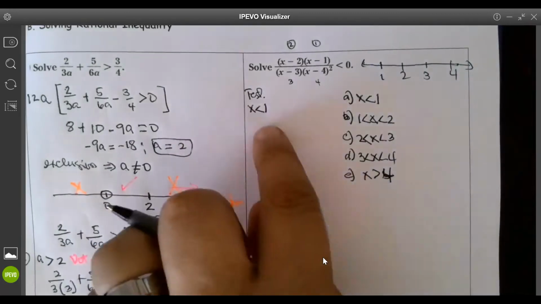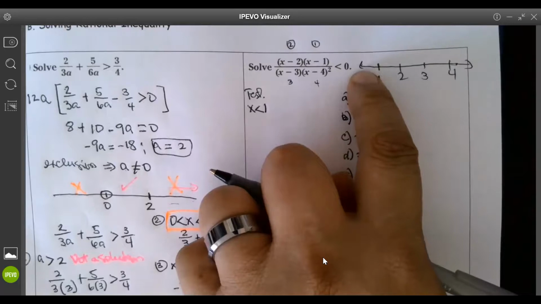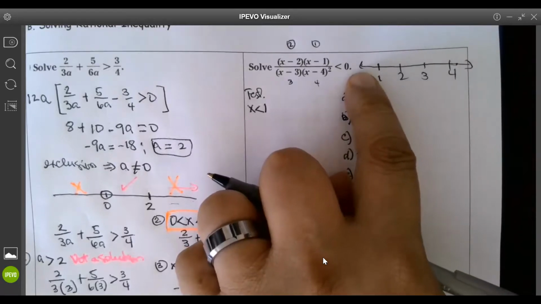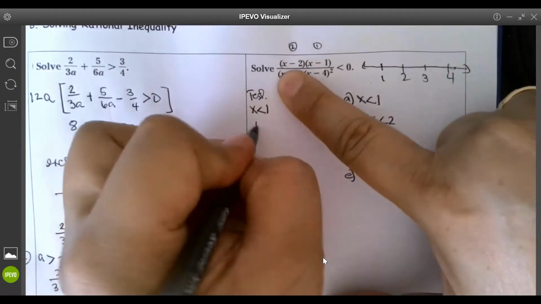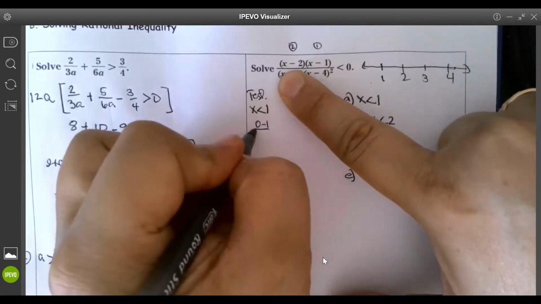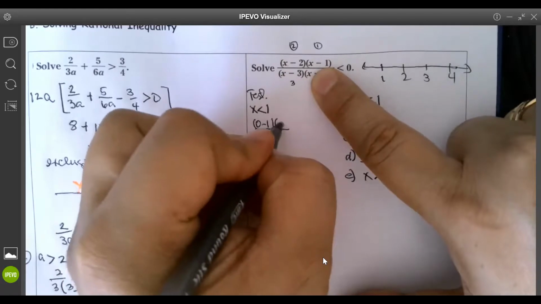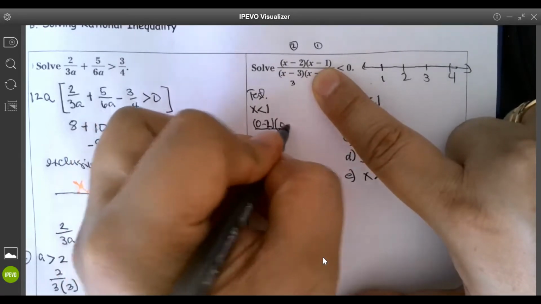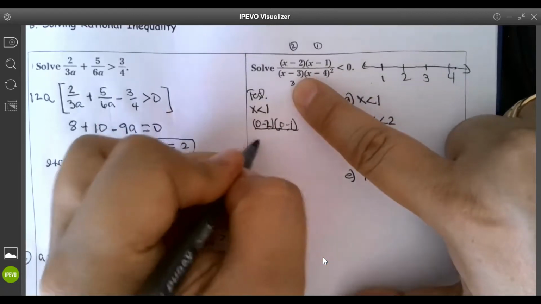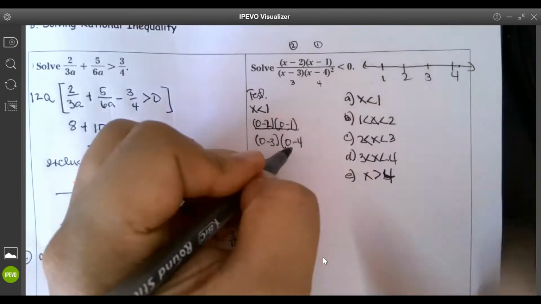Let's use 0, since 0 is less than 1. So this becomes 0 minus 2, 0 minus 1, divided by 0 minus 3 and 0 minus 4.